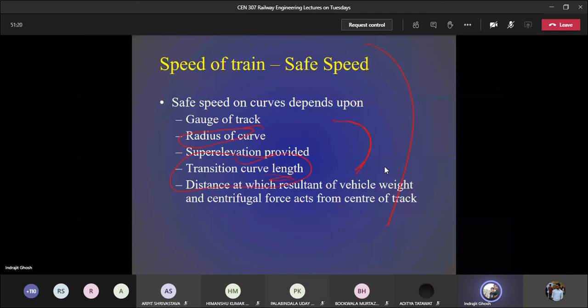So how much it has moved from the center of the track because of the zigzag motion, weathering action, yielding surface, less maintenance, the train goes through lateral movement. So we need to see at what distance this resulting force is going to work from the center of the track.